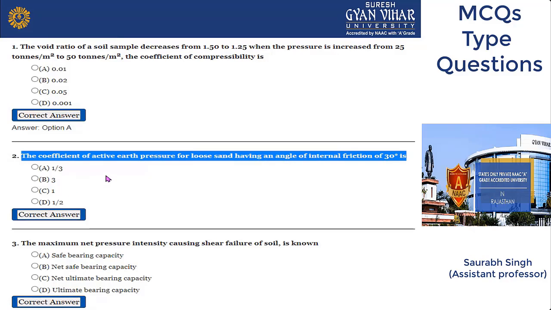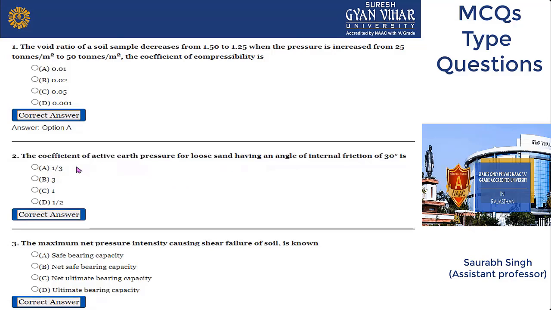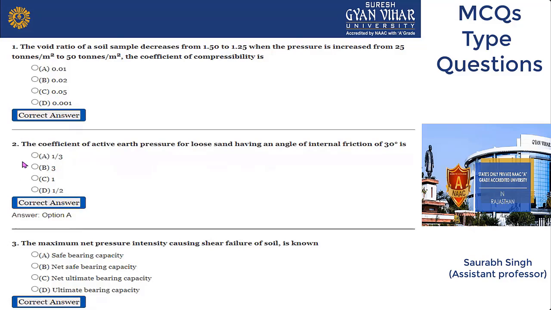It is asking what will be the coefficient of active earth pressure for loose sand. This is given in the book, and you can easily remember these things. Your right answer will be option A, 1/3. This is also a very important question, and it is related to the coefficient of earth pressure.